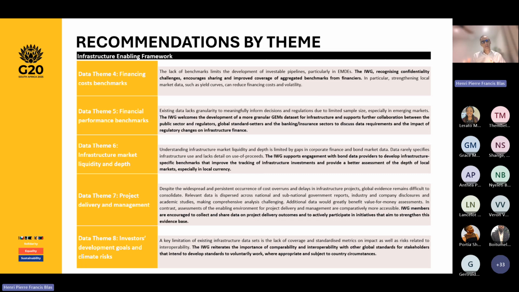Now the second part is really looking at the infrastructure life cycle. Here we had more themes, ranging from financing costs all the way to climate, including financial performance as well. There are a lot of different recommendations, and I'm not going to go through all of them.